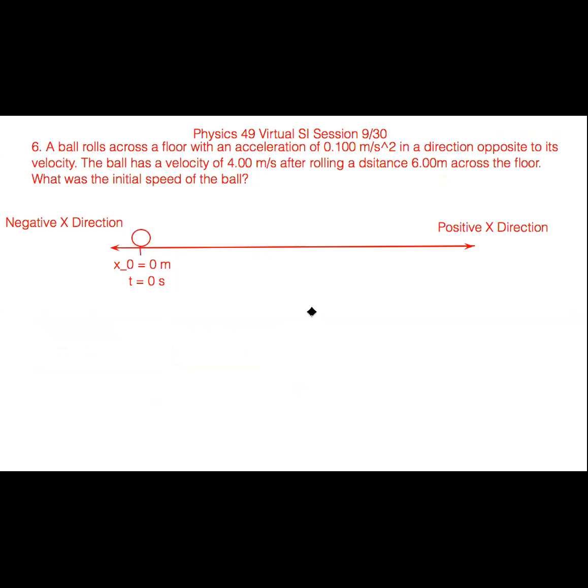Now we also have this velocity that the ball has. So we are going to make an arrow denoting that the ball is going in a positive x direction and at a certain speed.